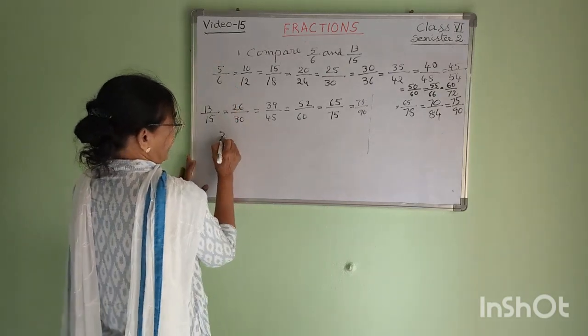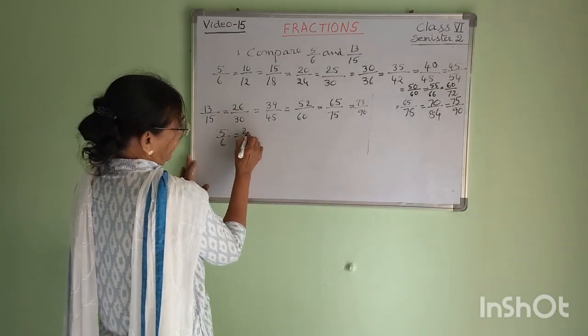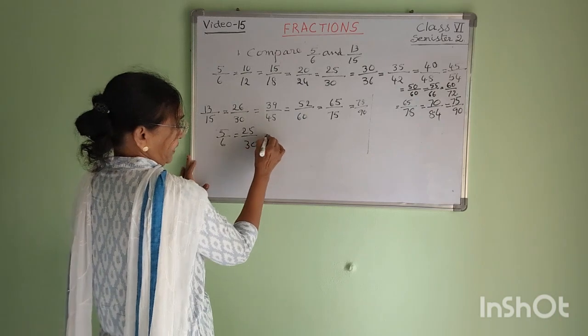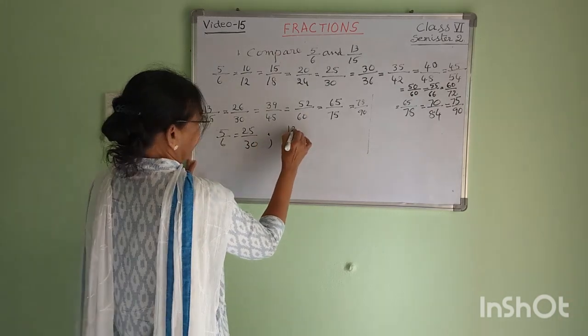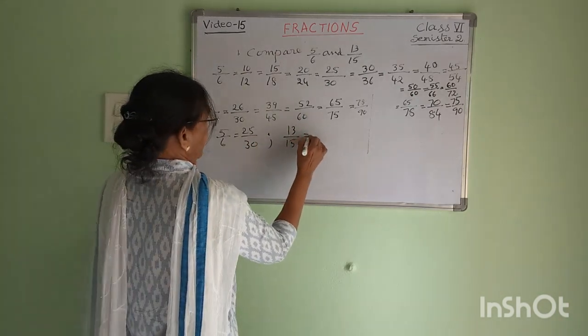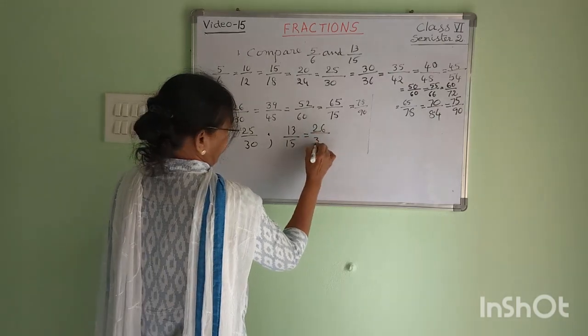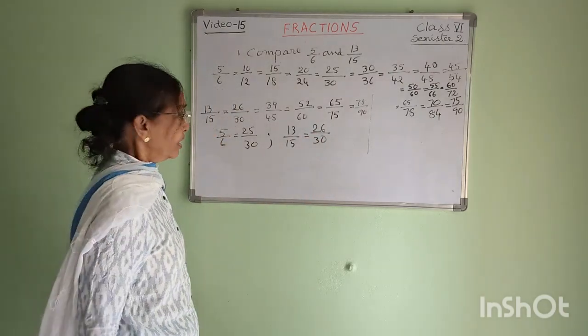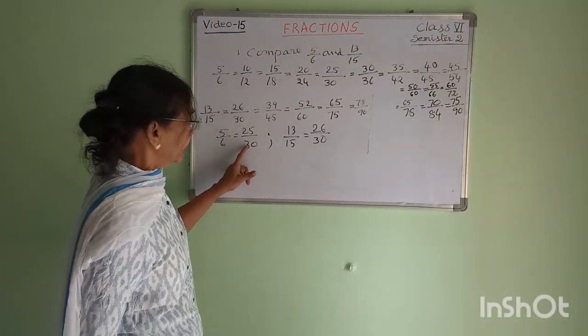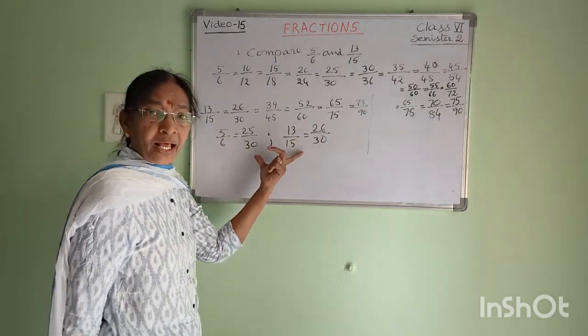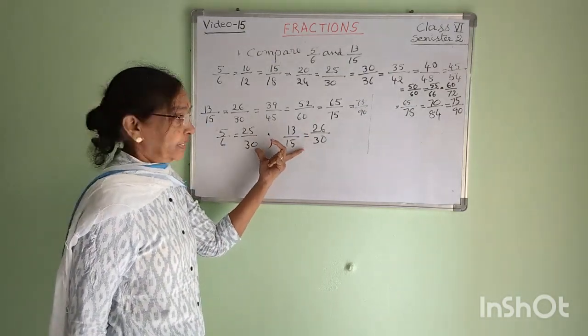Therefore 5 by 6 is equal to 25 by 30. Also 13 by 15 is equal to 26 by 30. So here 25 by 30 and 26 by 30 are like fractions, with the same denominators.